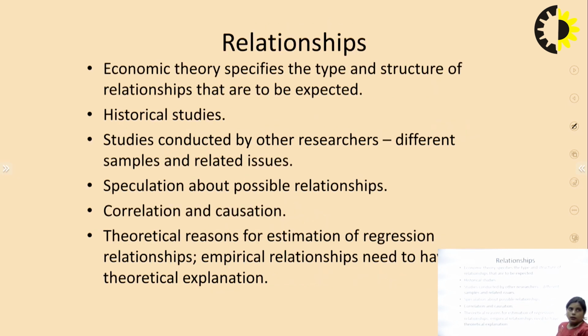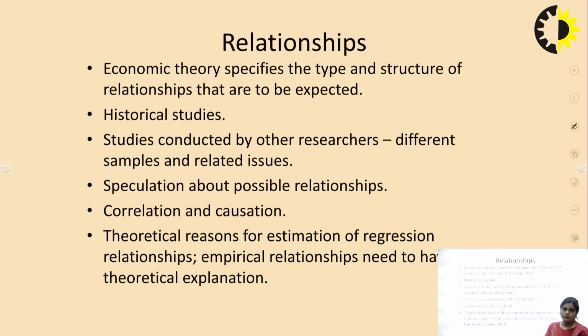Now, the relationships. Economic theory specifies the type and structure of the relationships to be expected, just like historical studies conducted by other researchers in different areas and fields, having different issues and different data samples, and those data samples also have their related issues.